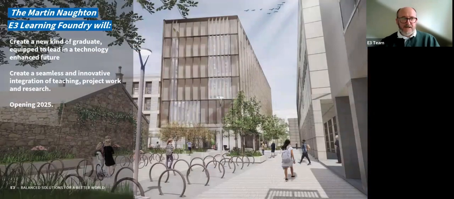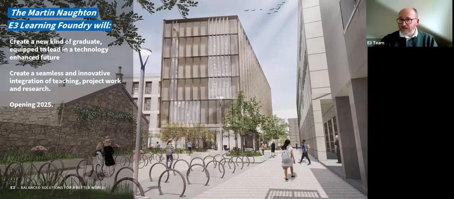What you can see here now on your screen is an artist's rendering of the Norton E3 Learning Foundry. Now it's nearly complete. It's going to be handed over to us within the next few months. We do expect that students that start in September 2025 will be working in this building. What's important about this building is that it's a new state-of-the-art learning space for students.